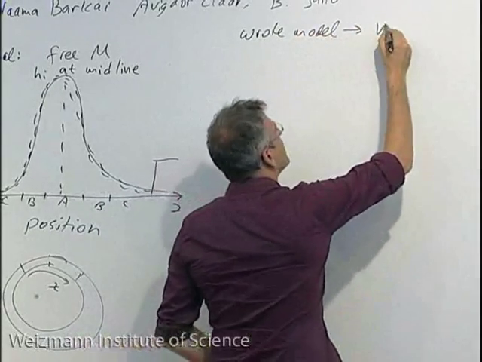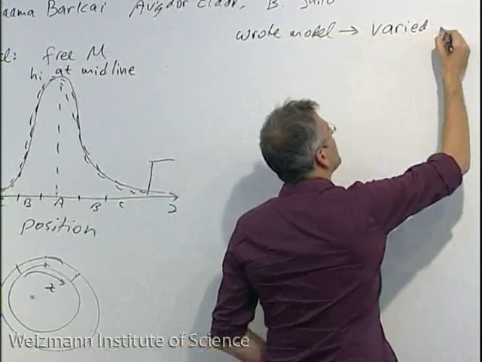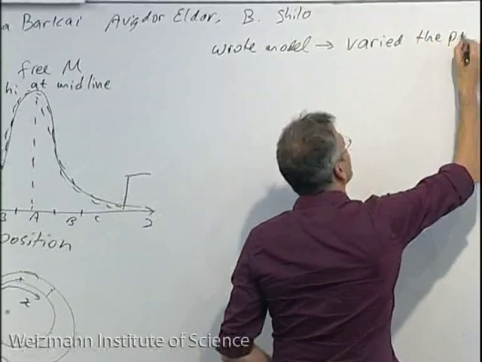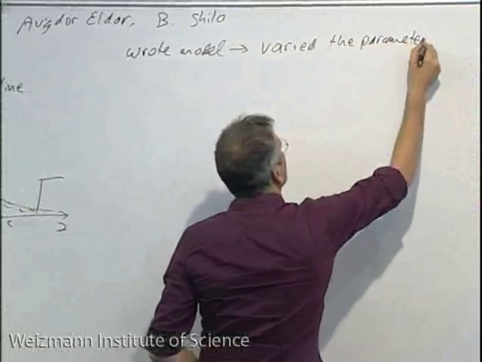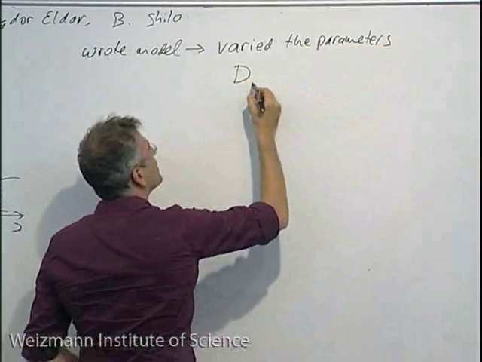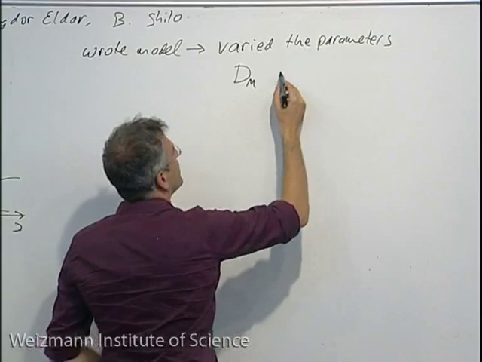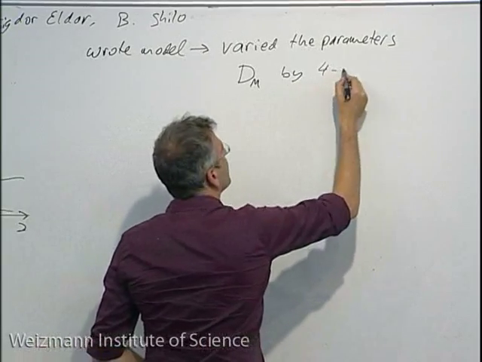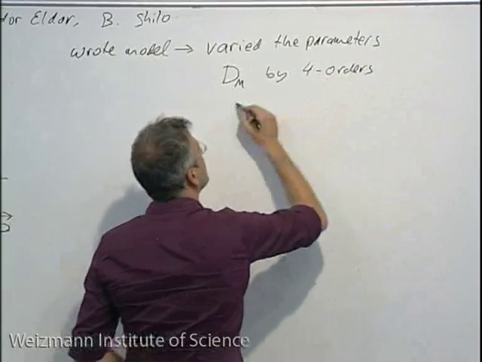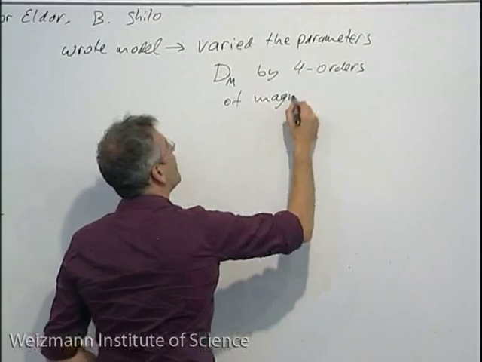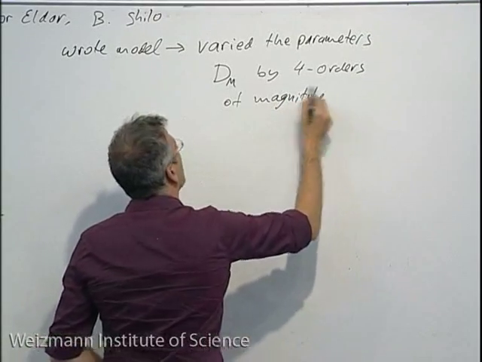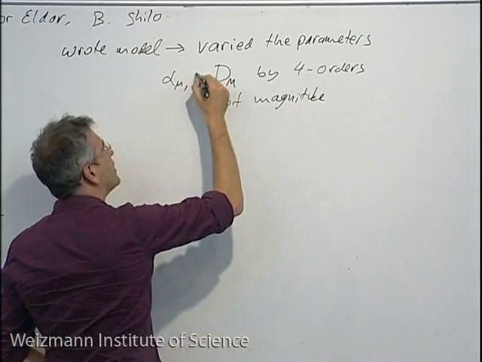and then they simulated the model, and they varied the parameters. For instance, the diffusion constant of the morphogen by, let's say, 4 orders of magnitude. All the parameters, right? The degradation rate.